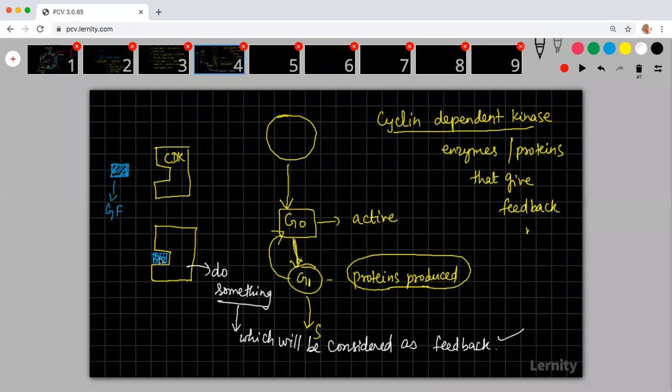So this is how your CDKs will act. If this process does not happen, this feedback does not happen, what is the meaning of it? If this feedback does not happen, this growth factor is not there. If this feedback has happened, this factor is there. So you proceed further. So that is how the cell will decide.